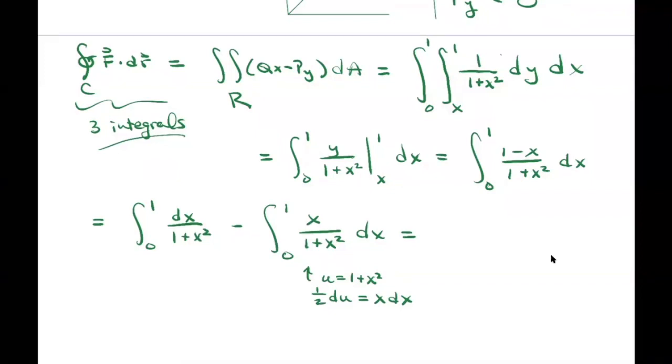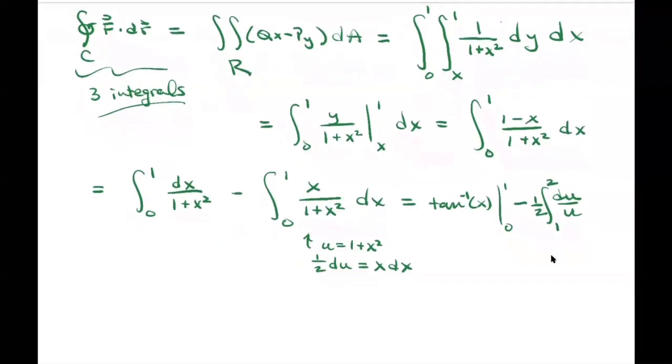Okay, took too long. Tan inverse x from 0 to 1. Okay, the second integral I'll just write as the integral of 1/2 du over u. And when x is 0, u is 1, and when x is 1, u is 2.